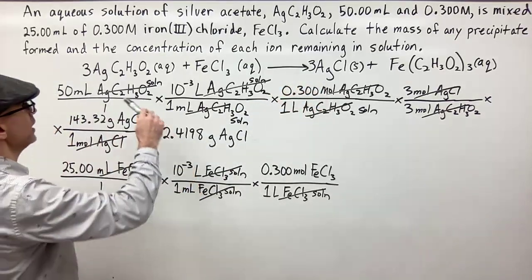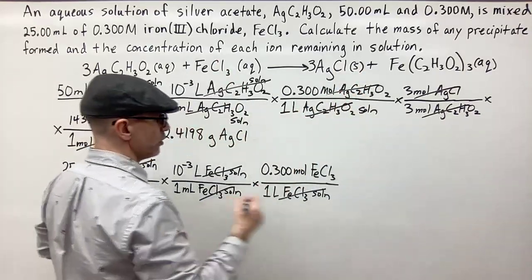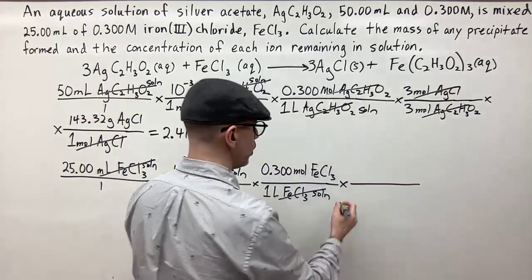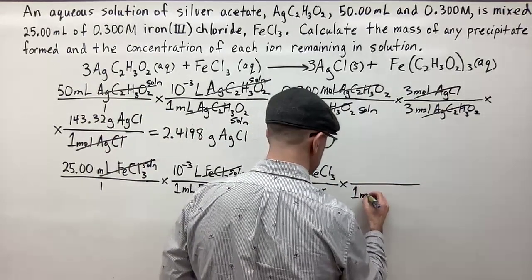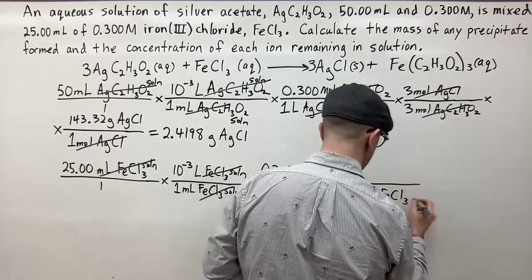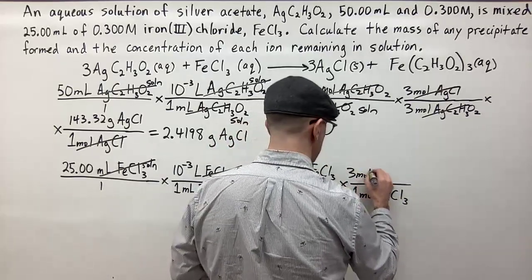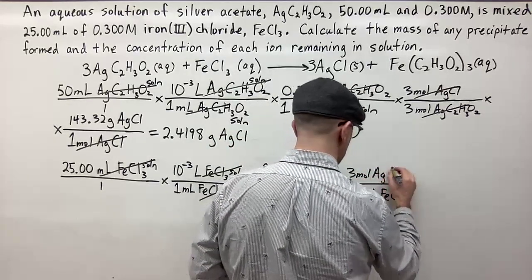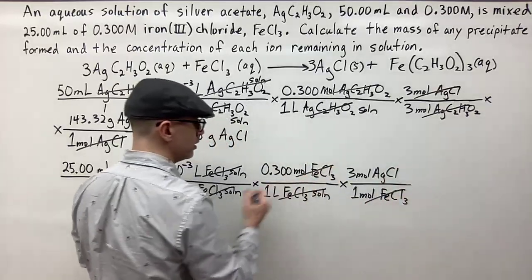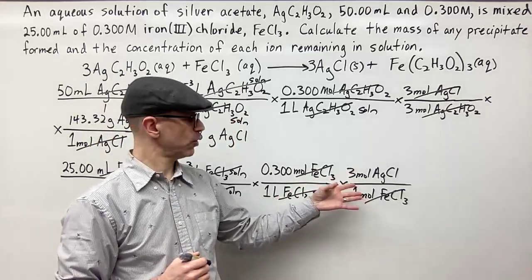So here it's a 1:3 ratio. So I'm going to put 1 mole of the iron 3 chloride on the bottom and 3 moles of the silver chloride on top. So moles of the iron 3 chloride cancel out. Now I have moles of the silver chloride.